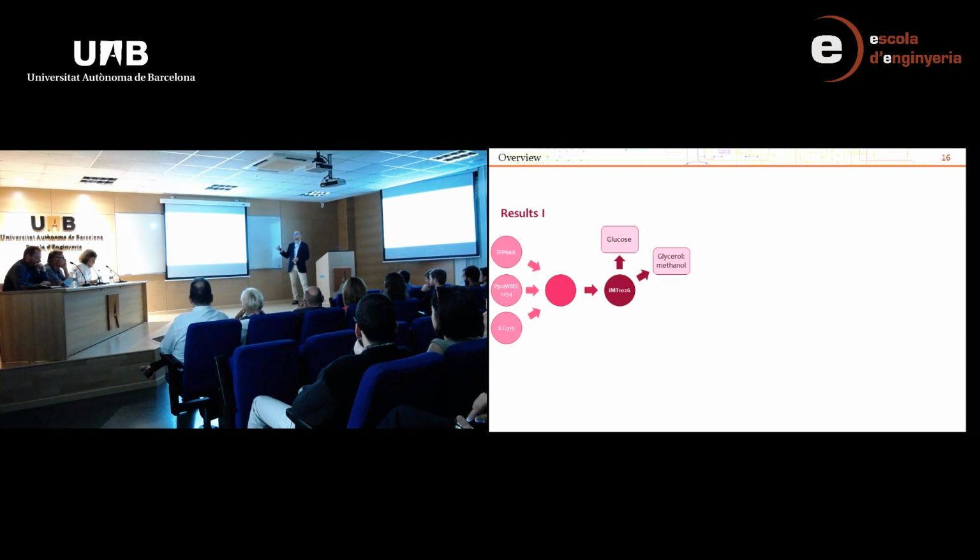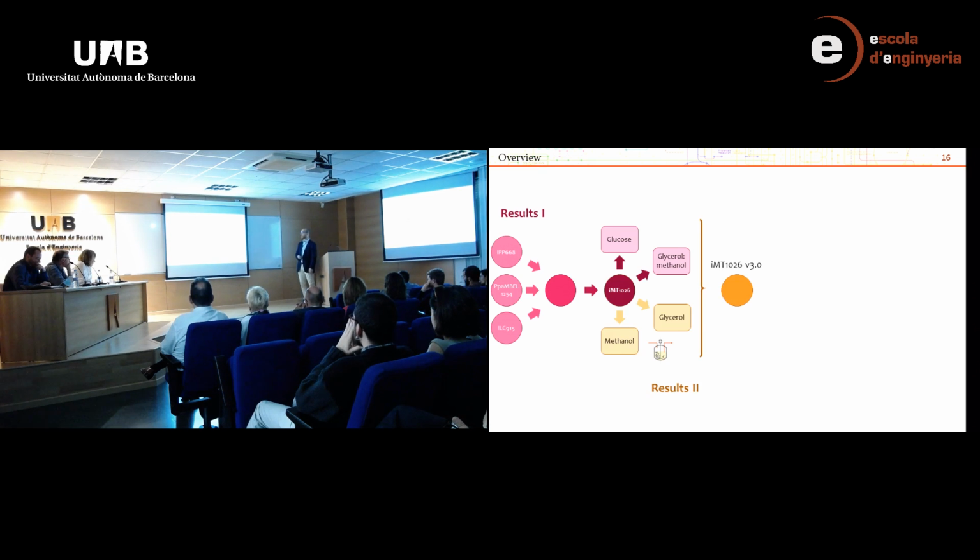Here is a graphical overview of the work done in the thesis and also the chapters of results that I will present now. So in the first chapter, we merged the three available metabolic models into a single one, and then we upgraded and adapted it for both growth on glucose and mixtures of glycerol and methanol.